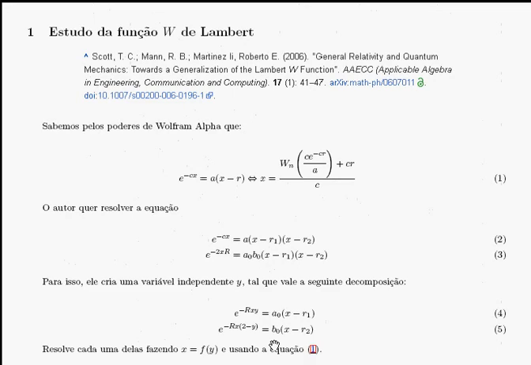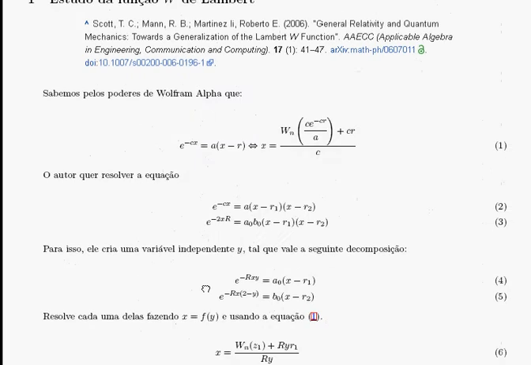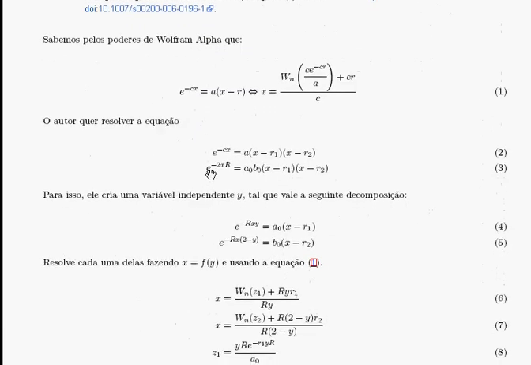Through general relativity and quantum mechanics, towards the generalization of the Lambert W function, the author studied big O approximations. And here is the conclusion. If the right-hand side is of first degree, the solution is known.